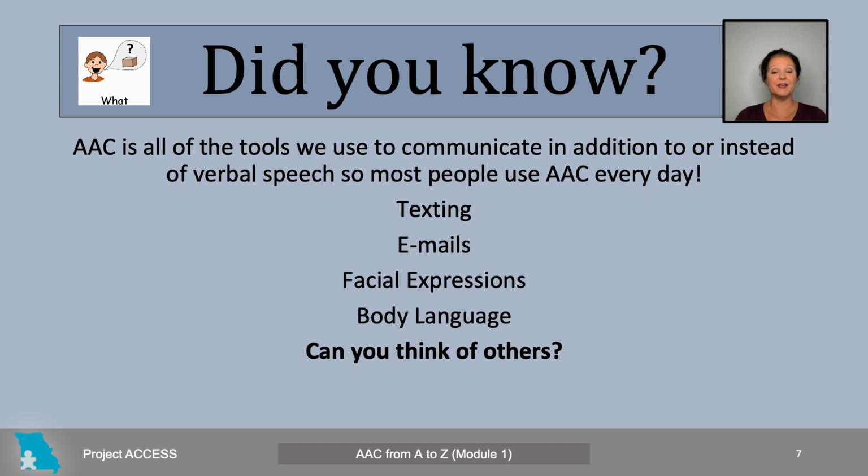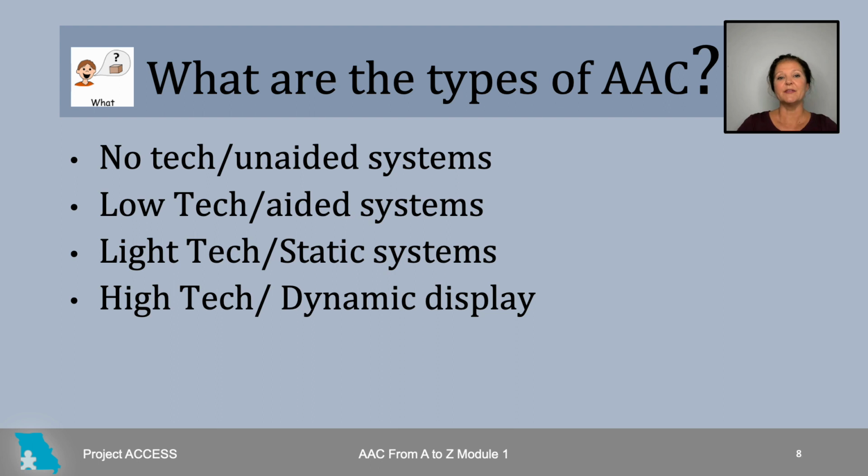Look at all the things that we can use for AAC that is an alternative to verbal communication. Texting, emails, facial expressions, gestures, manual sign, body language. Can you think of any others? AAC: there's no-tech and unaided systems.